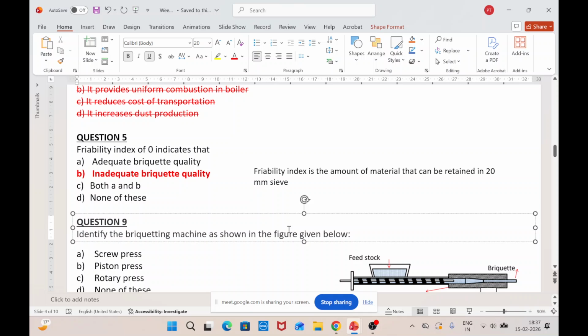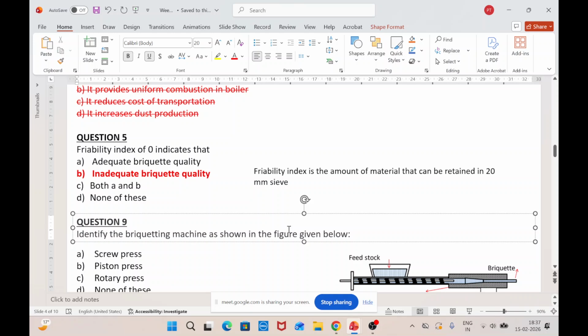Is that fine? And how do you determine the friability index? You go for some sort of testing techniques. One technique is to put the briquettes in a rotating drum. Another, most simple method is to take the briquette and drop it on the floor. If it breaks, then it's of bad quality.